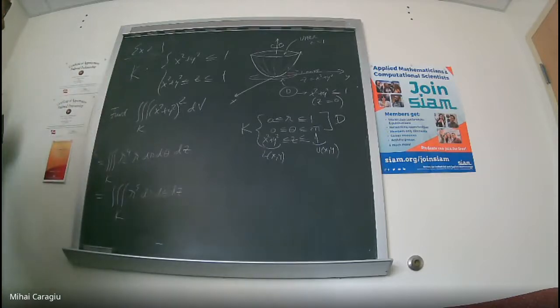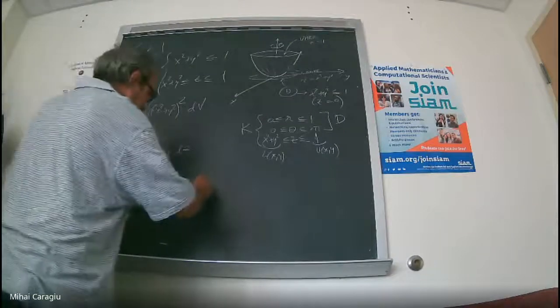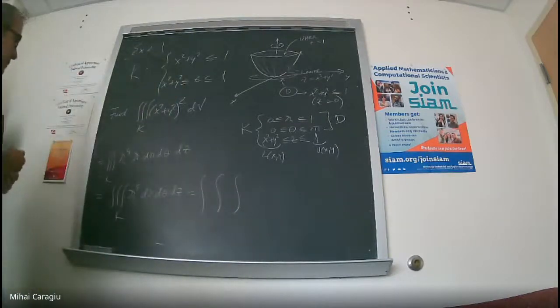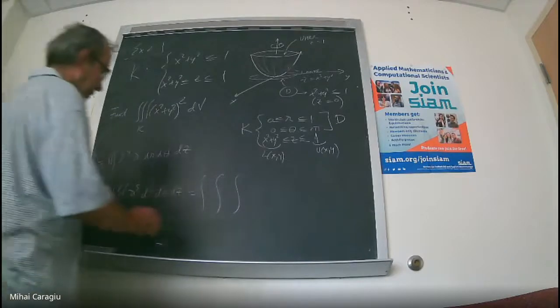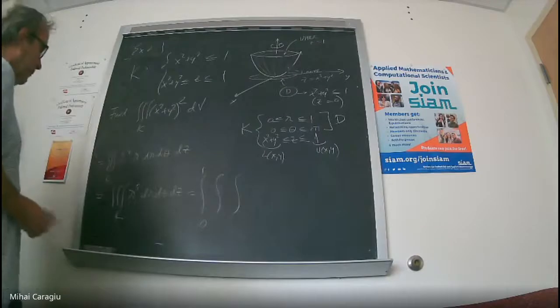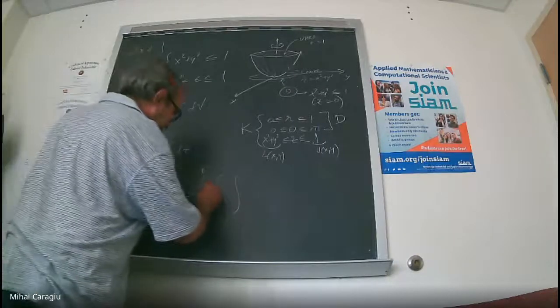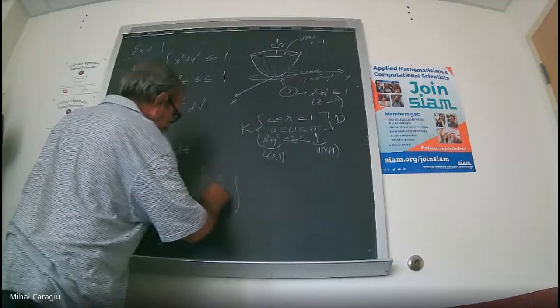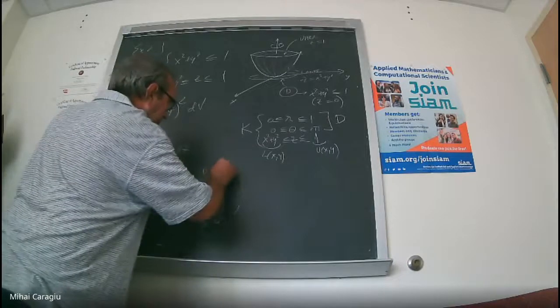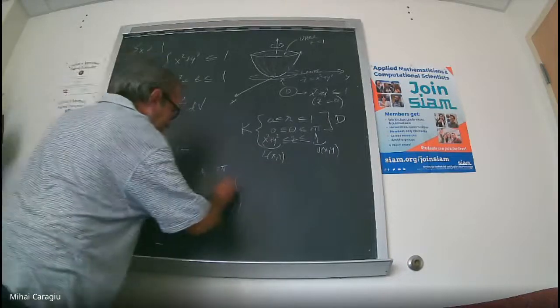Okay, so let's try to iterate the integrals in this case. Let's leave for last the integral from 0 to 1 of r to the power 5 dr. Then the integral from 0 to 2 pi d theta.